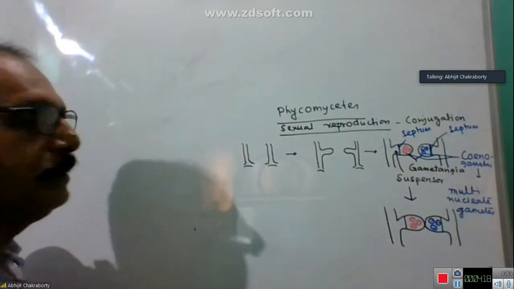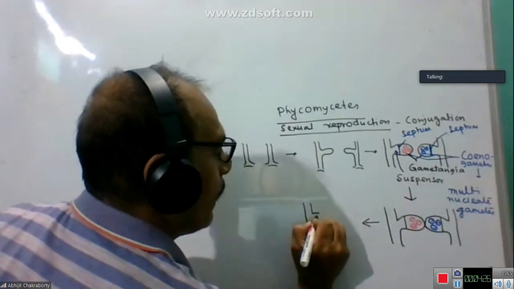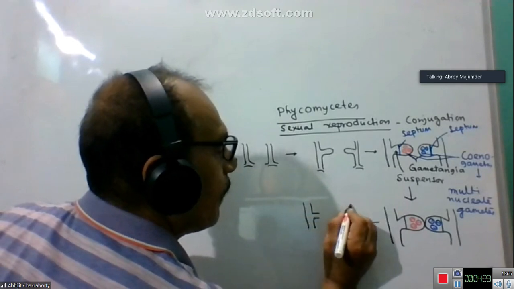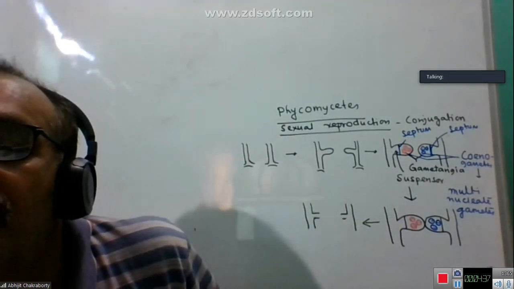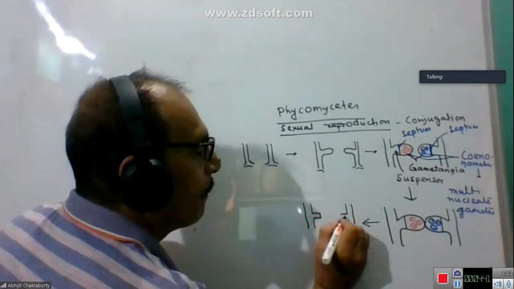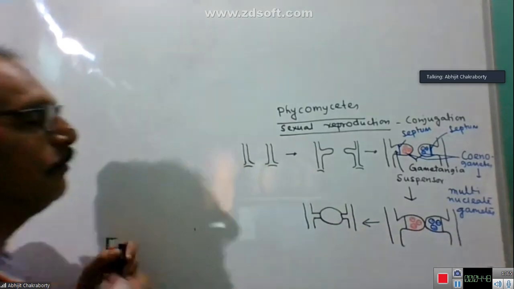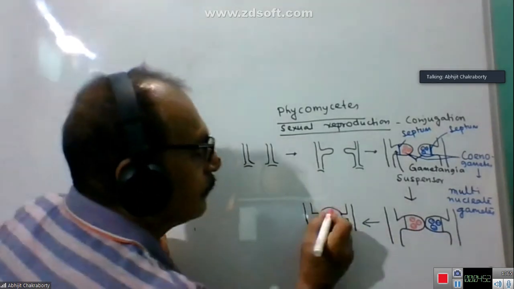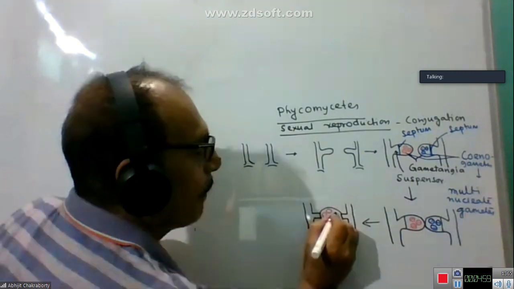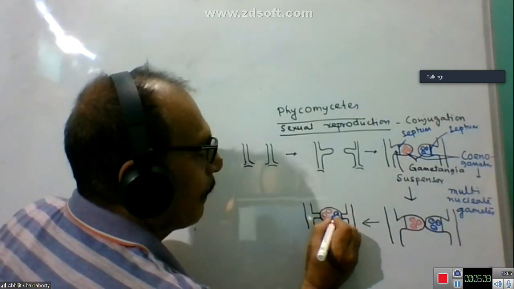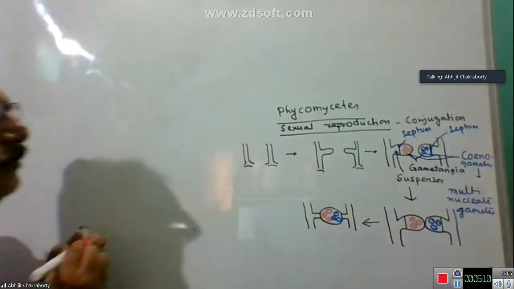And in the next diagram, we will see that the common wall dissolves, and here we will get all gametes together.